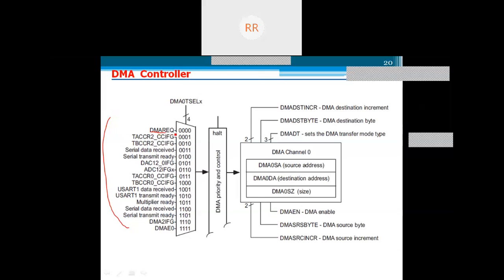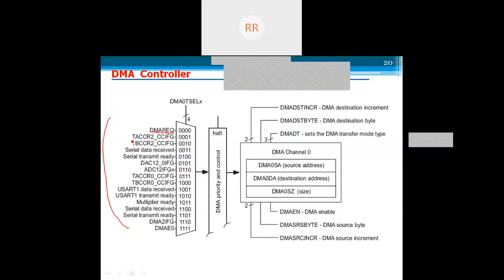Now we'll see some of the available triggers we have shown here: DMA request and Timer A, TACCR, that means Timer A capture compare register 2, CCIFG flag trigger, and Timer B capture compare register CCIFG trigger line. Serial data receive, serial data transmit ready, and DAC12, that means digital to analog converter 0 IFG flag.